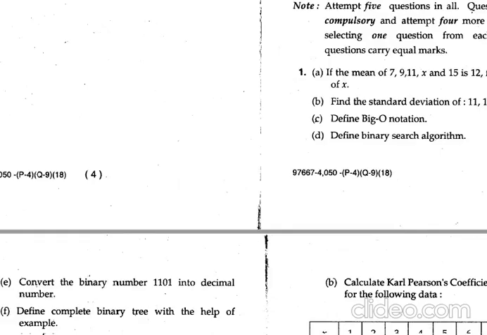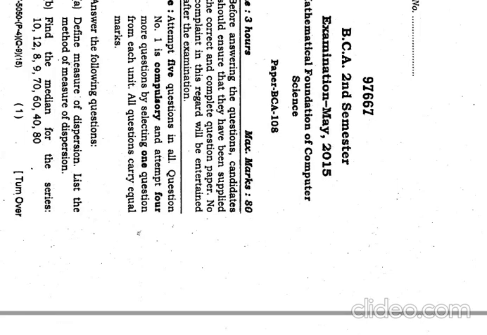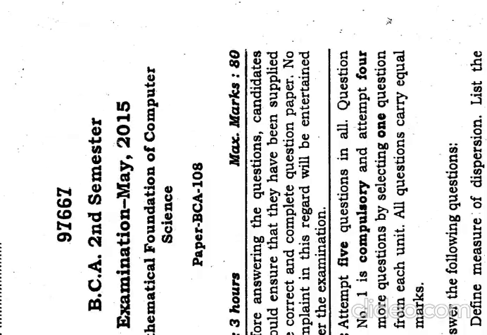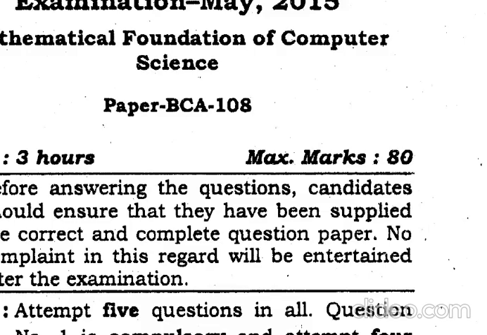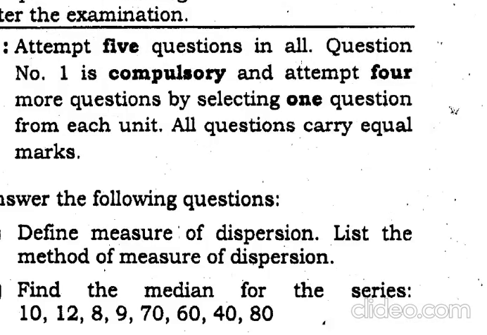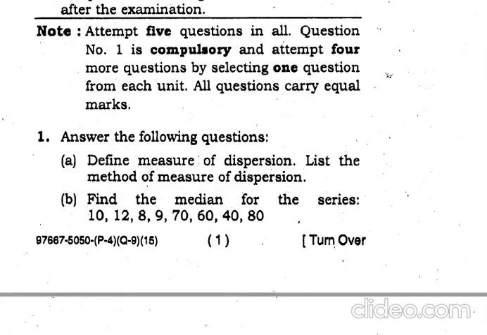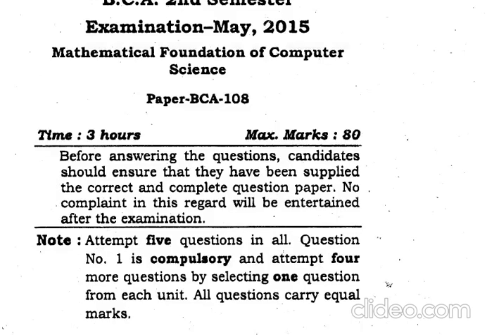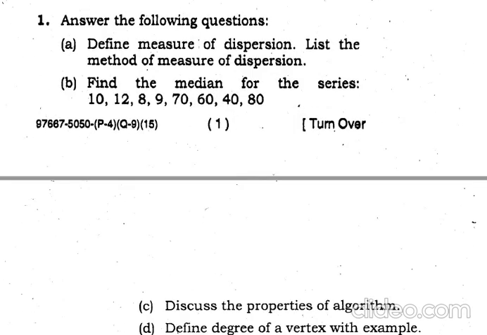And there is another question paper here. So this is your 2015 question paper. Now, this is your 2015 question. Define measure of dispersion, list the methods of measure of dispersion.